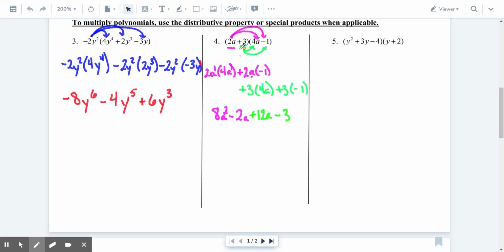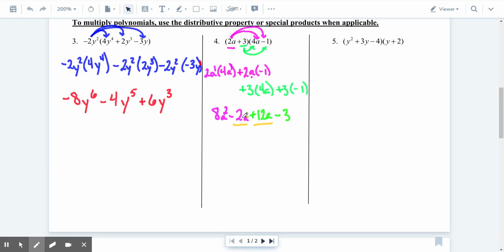And notice that when you take two terms in one set of parentheses times two terms in another set of parentheses, you end up with 4 terms. Kind of makes sense. 2 times 2 is 4. And we'll apply that rule again. But we are not simplified yet, because if you look in the middle here, we do have these two terms that have the same variable with the same exponent. We can combine those. Those are like terms.